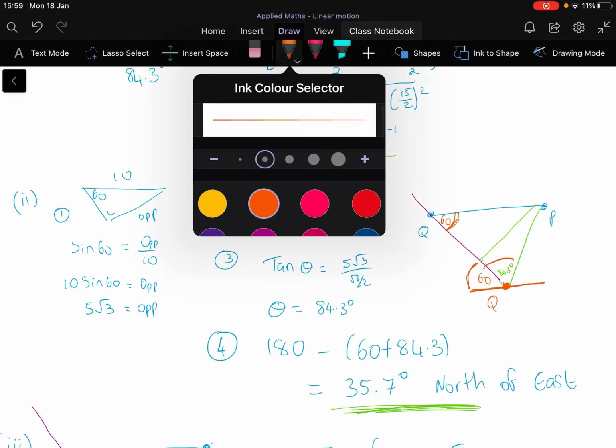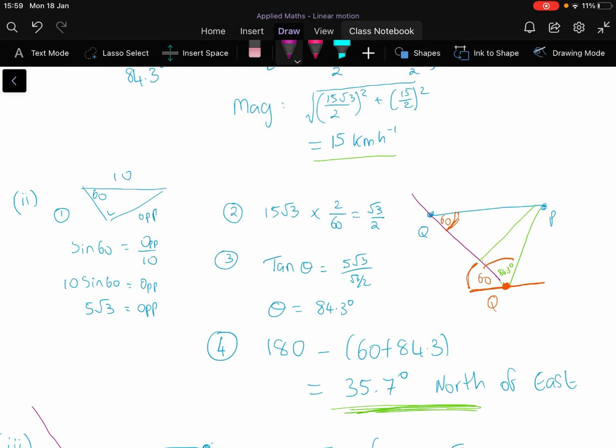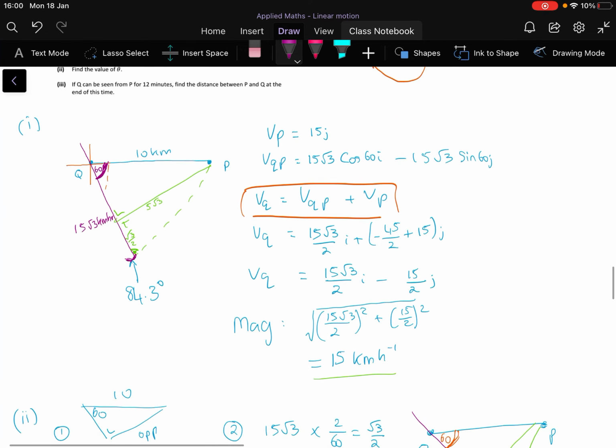Because they're talking about east a certain degrees north, I have to look for this angle here. And when I look for that angle there, I can see this is a straight line, so I'm going to take it away from 180. And when I do that, I'm left with 35.7. So that is that angle there of 35.7, and that is where from Q it is north of east 35.7 degrees. And that is my second part of that question.